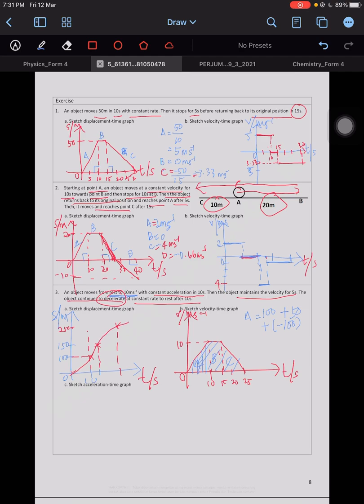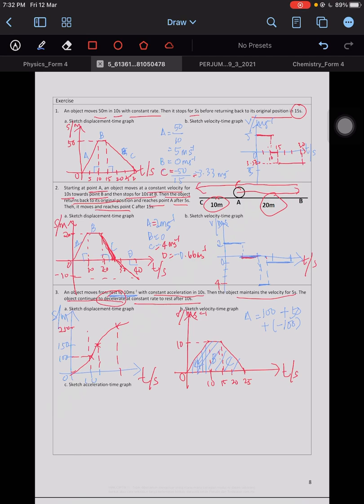This is how we do the displacement time graph. You don't think because it's negative you cannot add on. It's not like that, because they are actually traveling there. It's just changing the direction. Doesn't mean it goes down. It remains on top.